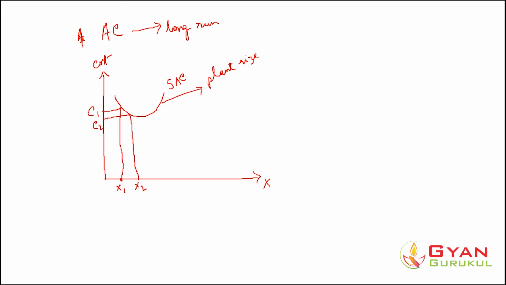This is because of the decreasing cost, or we can say the increasing returns to scale. Initially, as we increase production along the plant size, the cost decreases, and then we reach a particular minimum point.